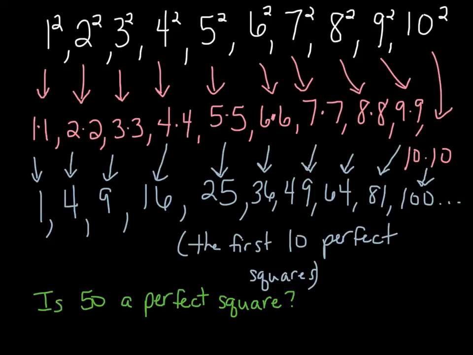And just to do one extra example to make sure we're getting the hang of these perfect squares, we're going to check out this question: is 50 a perfect square? So again, we're going to come back to this list that we just made of the first 10, and we're just going to get to know these a little bit.